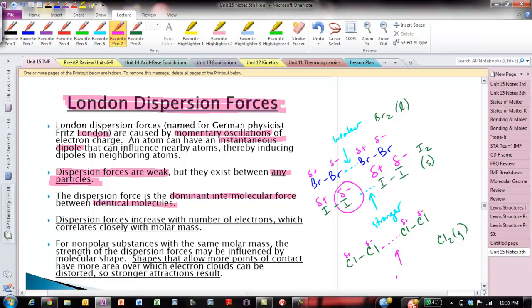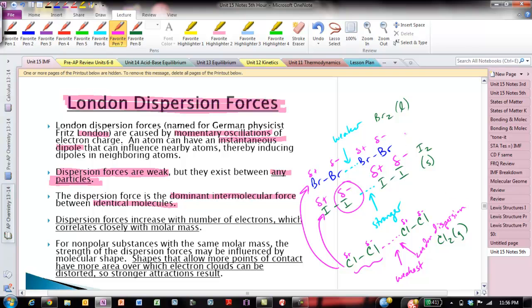And so that's going to be the weakest, because those are not very polar. Cl has fewer electrons than either Br or I, so it is not as polarizable, not able to become as polar, so the intermolecular force between them is weaker. So that right there is the London dispersion force.